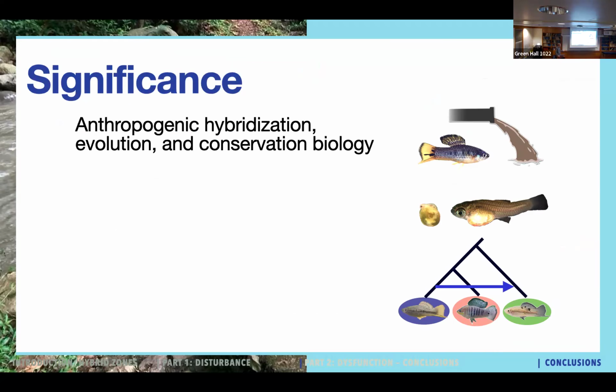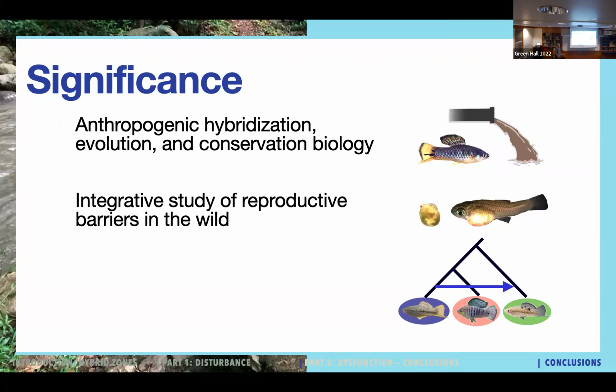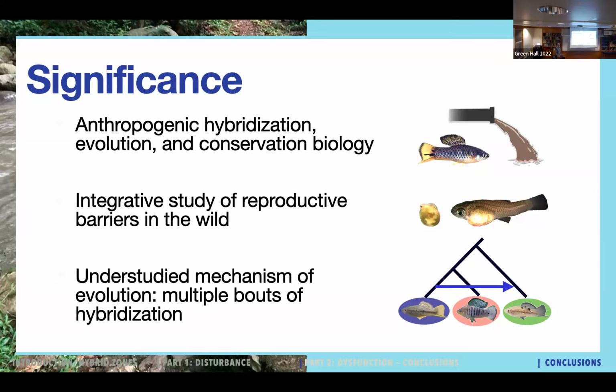Because anthropogenic hybridization is a growing phenomenon that's affecting both evolution in the wild as well as our conservation of biodiversity. And by doing these integrative studies of hybrid fitness barriers, we can understand more about reproductive barriers in the wild rather than just doing one single level of biological organization. And then finally, this shared incompatibility thing, I think, is a kind of understudied mechanism in evolution.